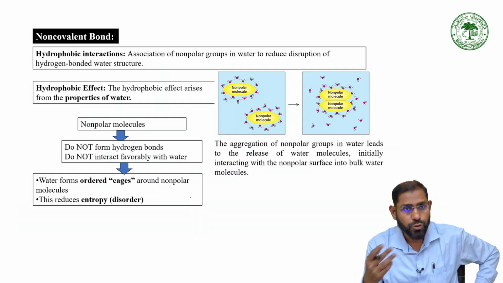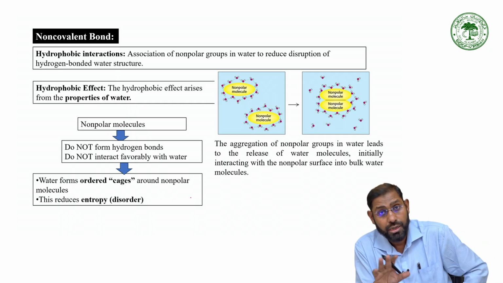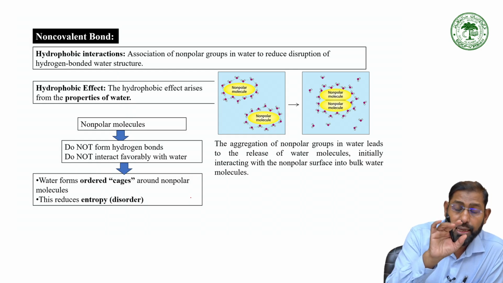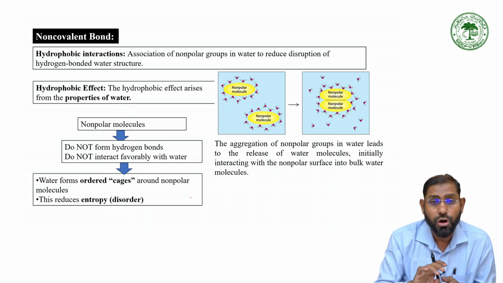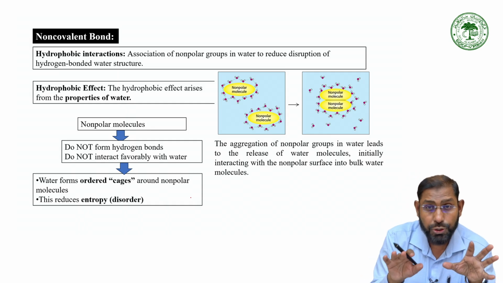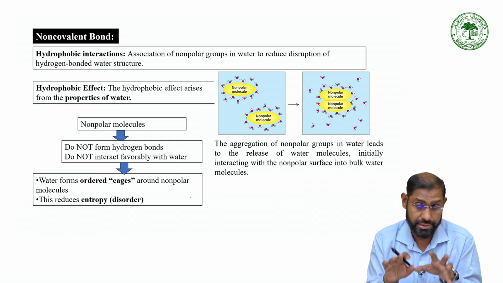Now, the next non-covalent interaction is the hydrophobic interaction. That's why we explained the water characteristics first. What are hydrophobic interactions? It is the association of non-polar groups in water to reduce the disruption of the hydrogen-bonded water structure.